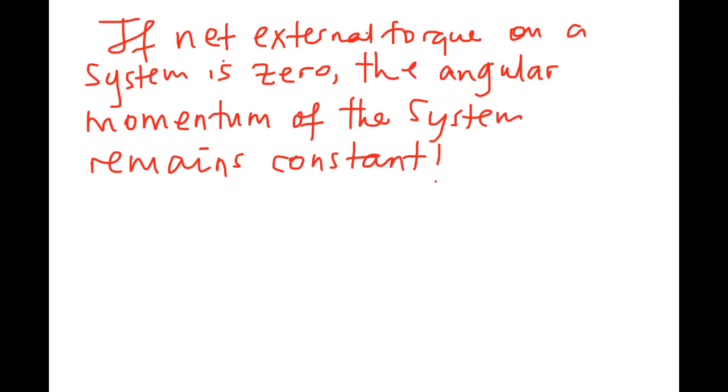All right, so this is something that we can observe in so many scenarios. In general, all rotating objects spin faster when they contract. For example, a nebula is a cloud of dust and gas particles in space.